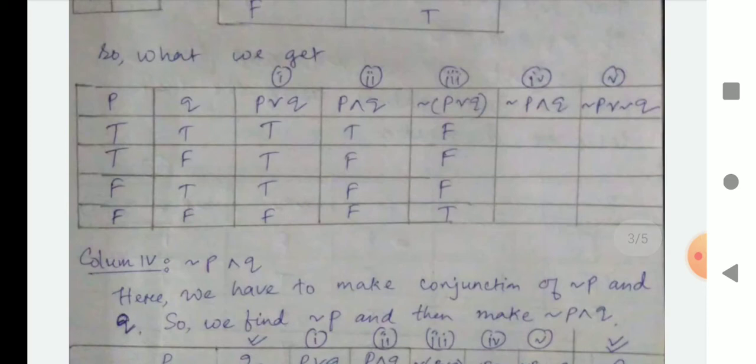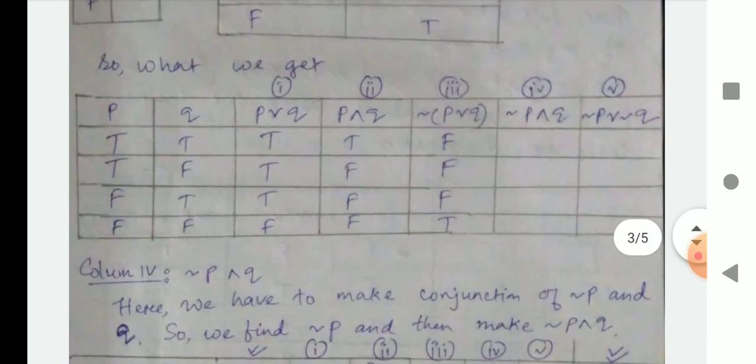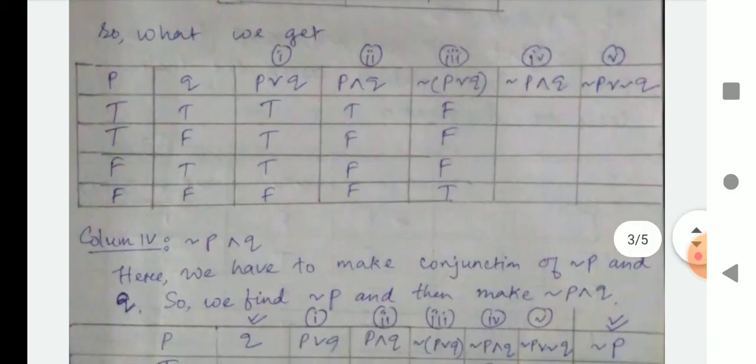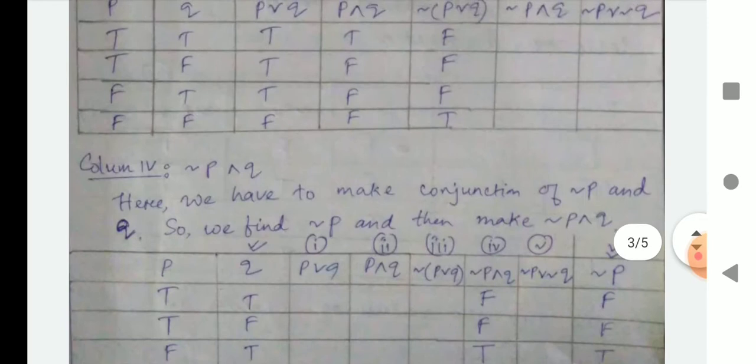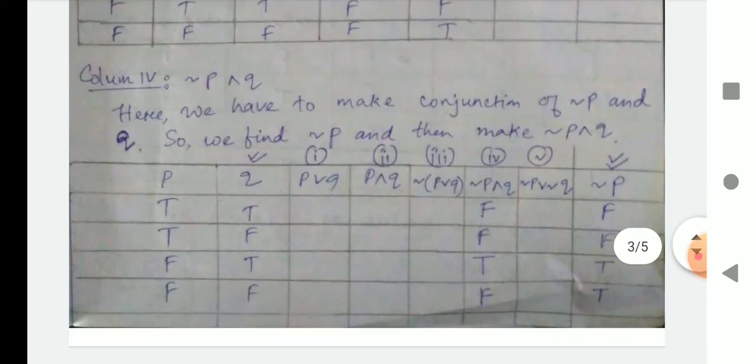Now we move to the next column, that is column 4. Column 4 is given by negation P conjunction Q. Here we have to make the conjunction of negation P and Q. So we first find negation P and then make negation P conjunction Q. We are writing separately the values of negation P. See here, P is true, therefore negation P is false.